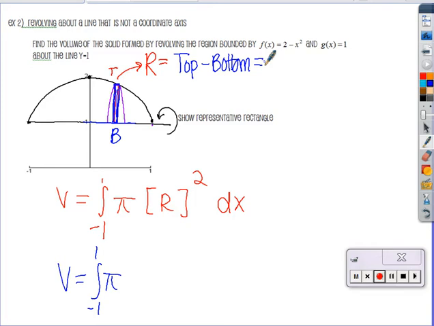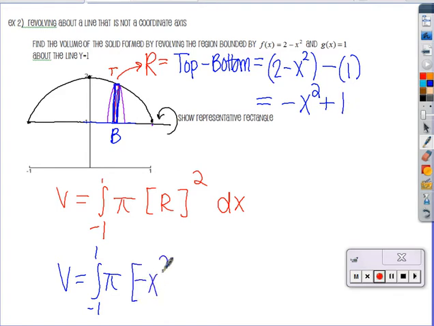And in this case, we have that the top function is 2 minus x squared, and that the bottom function is 1. Therefore, I get negative x squared plus 1. And that is my radius. I'm hoping all the connections that I thought I made are being made. Again, kind of difficult through video.